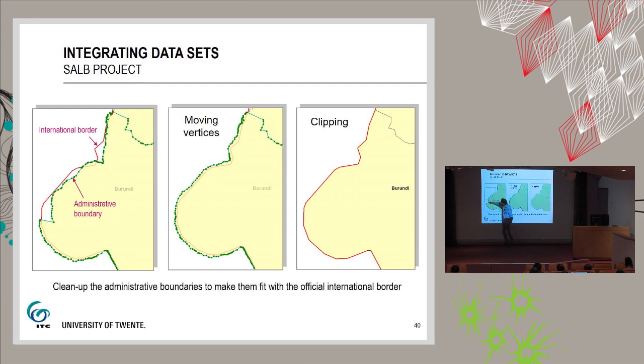When they didn't overlap, the boundaries have to be moved across the international border, and after that they clipped the administrative boundaries. So this is then the edited result. All the administrative boundaries are now matching with the international border. And it's a nice project where you see that many different cleanup operations are applied to come up to one standard product with a predefined quality.